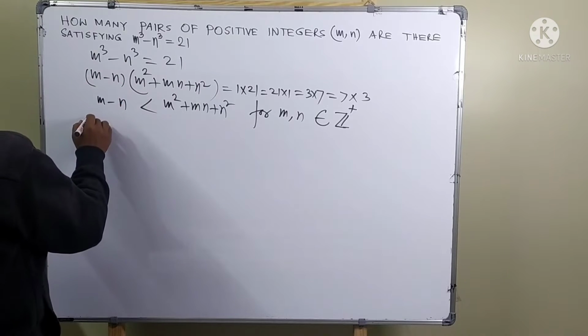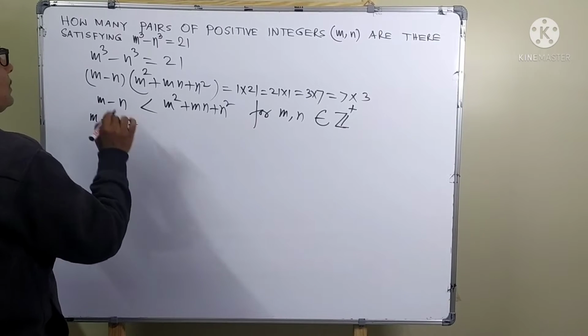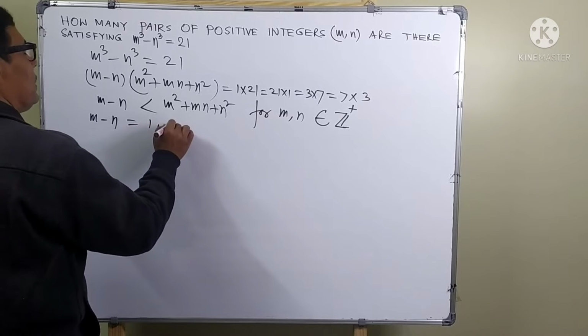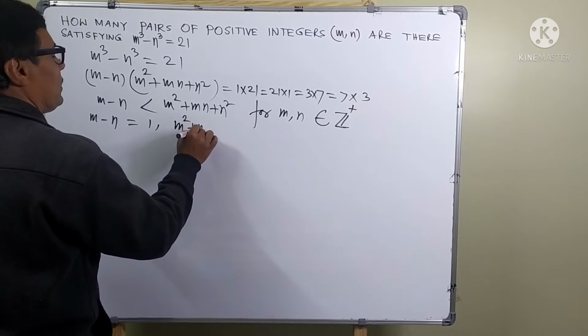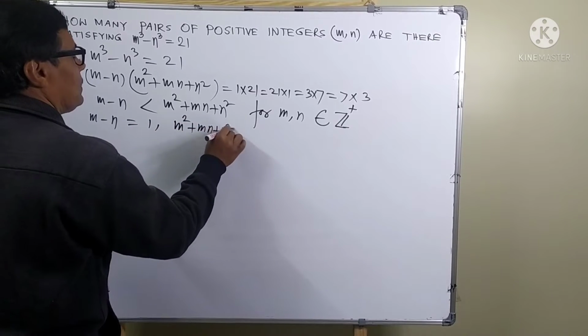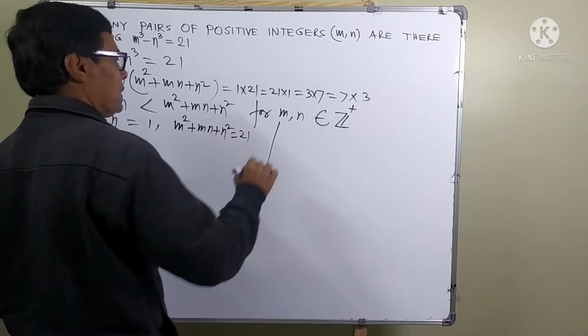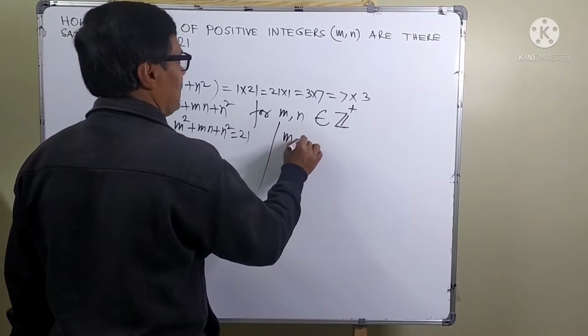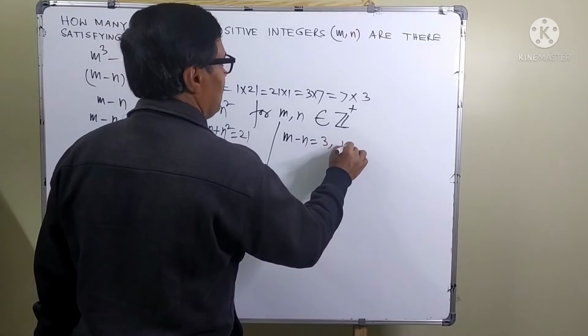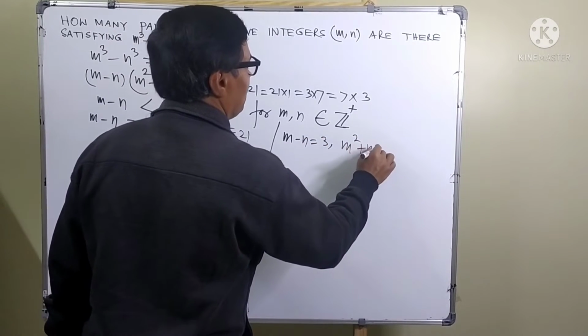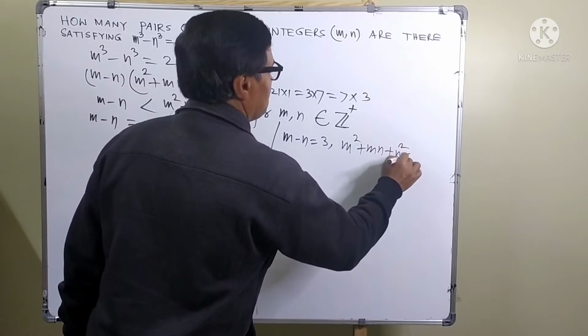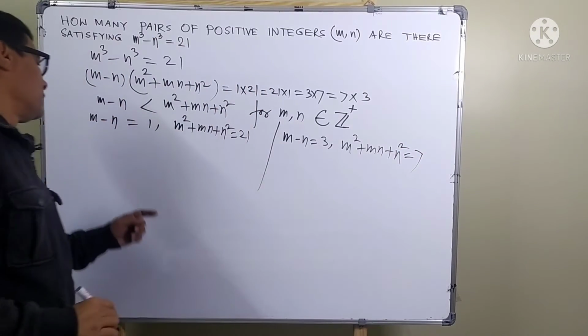Here, we can choose m minus n is equal to 1 and m square plus mn plus n square is equal to 21. And also we can choose m minus n is equal to 3 and m square plus mn plus n square is equal to 7.